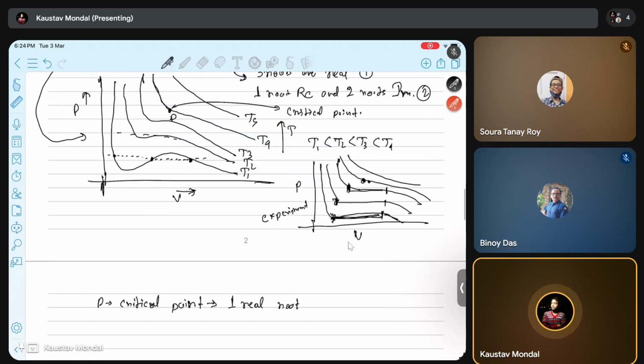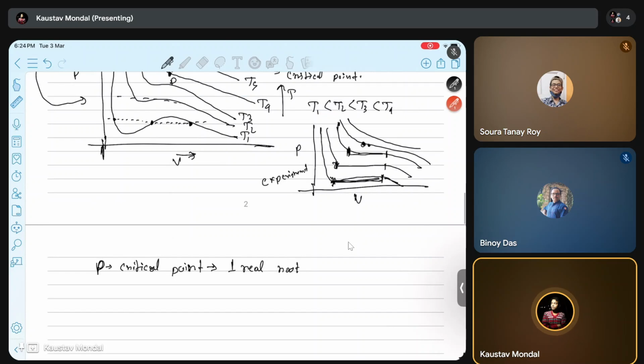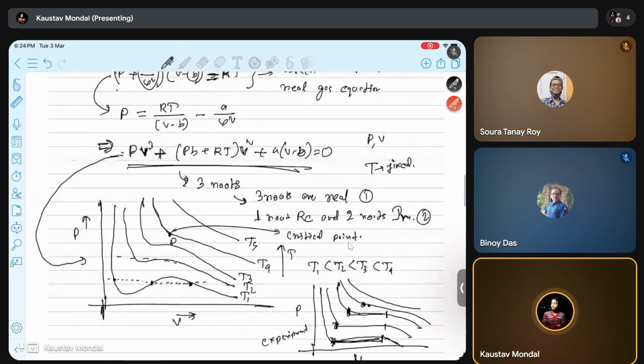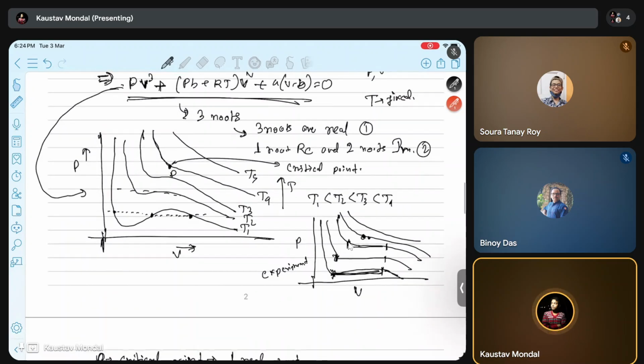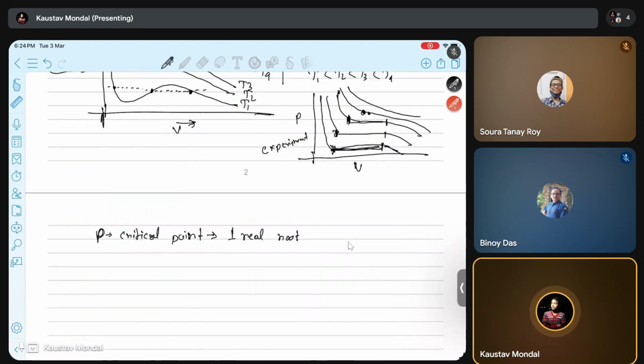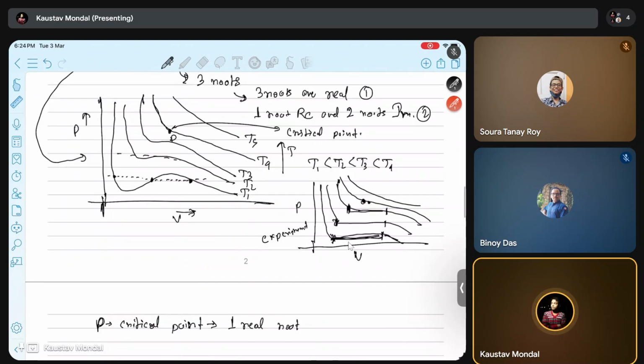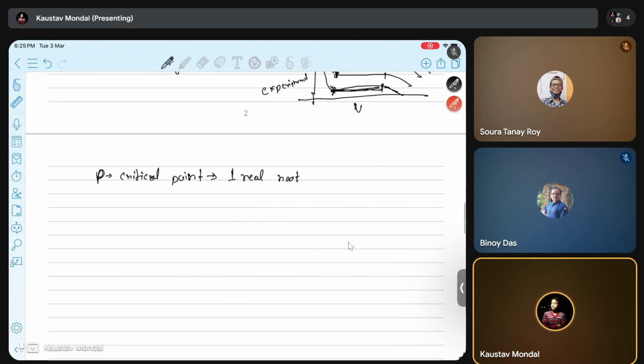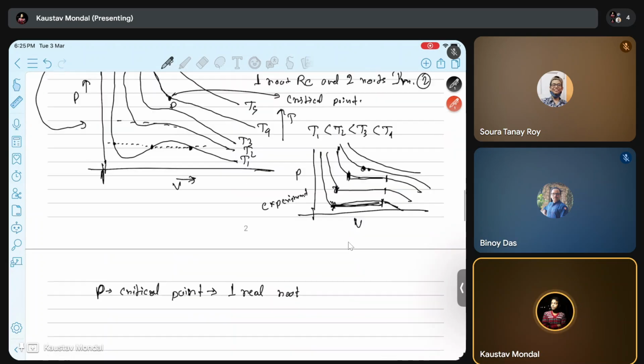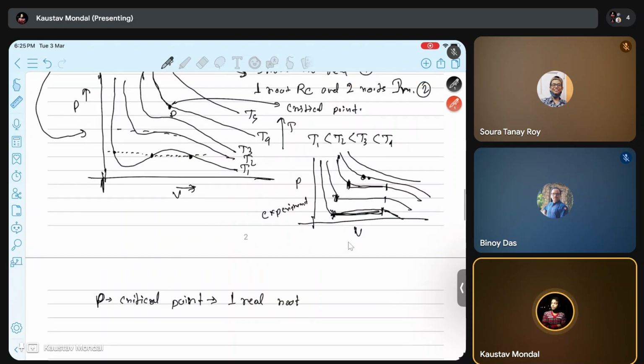This critical point is well explained by this theory, this Van der Waals equation. Using the Van der Waals equation, we basically calculate this critical point or root of the equation. Now we will do that. So how to do that?